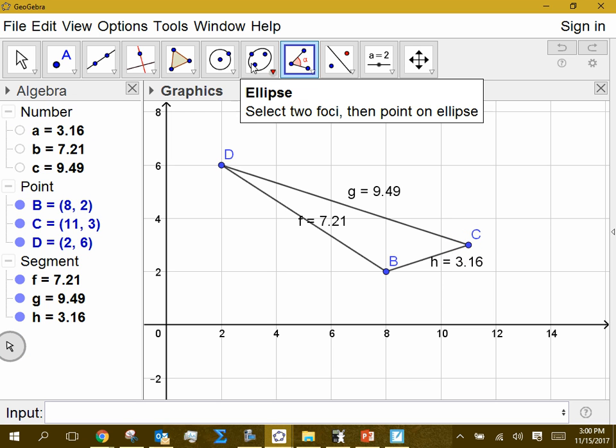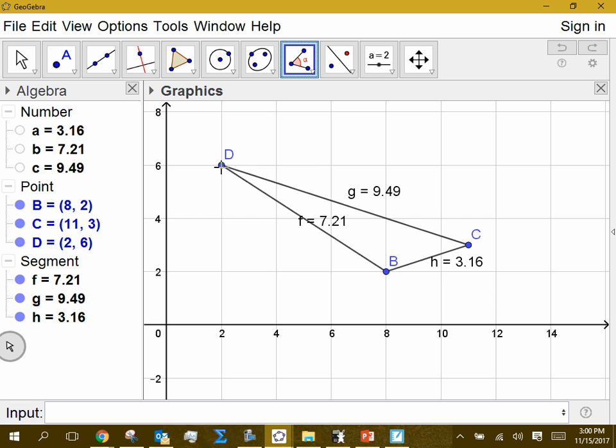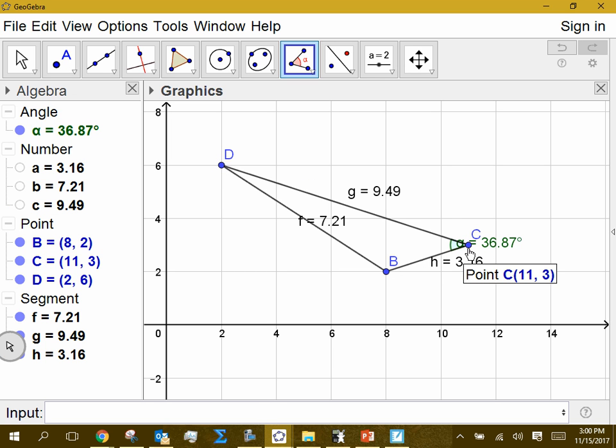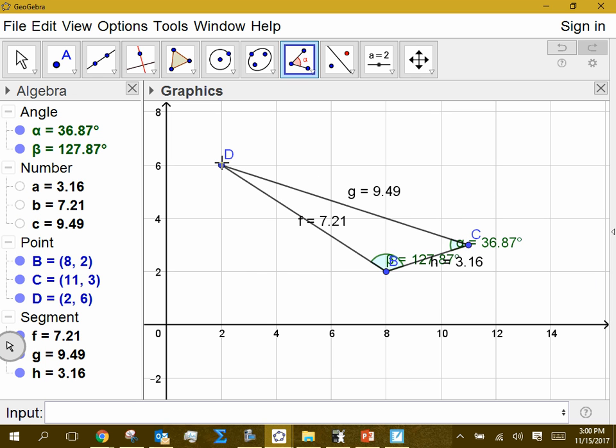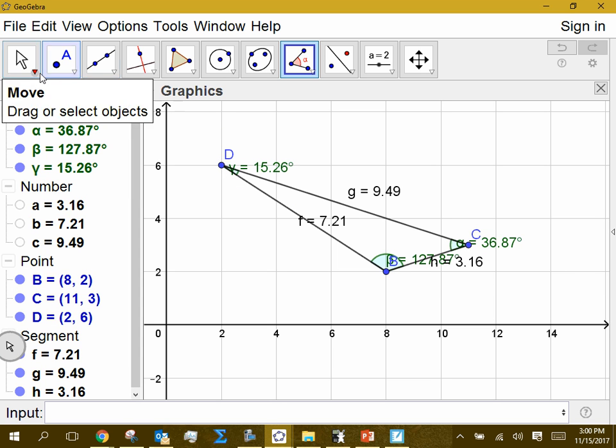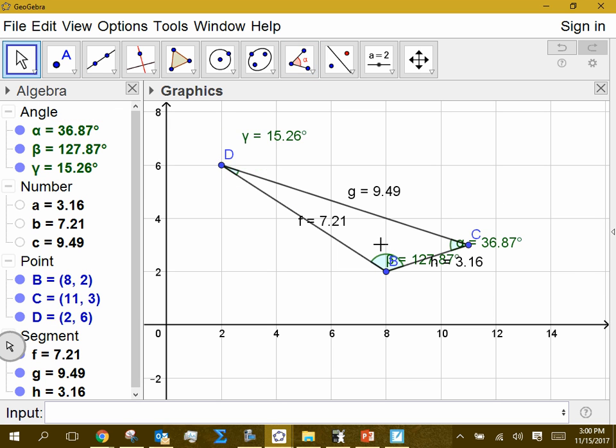So I actually need to start at D, go to C, and then go to B. Then I can do the same thing, start at C, go to B, go to D, and then B, D, C. As I start moving those things around, you see that angle is 15, that one's 127, that one's 36. So that's verification that we should have marked this thing as simply scalene.